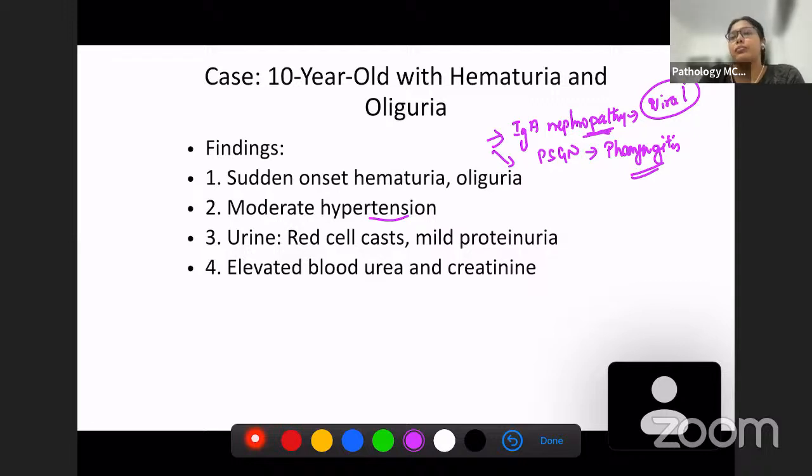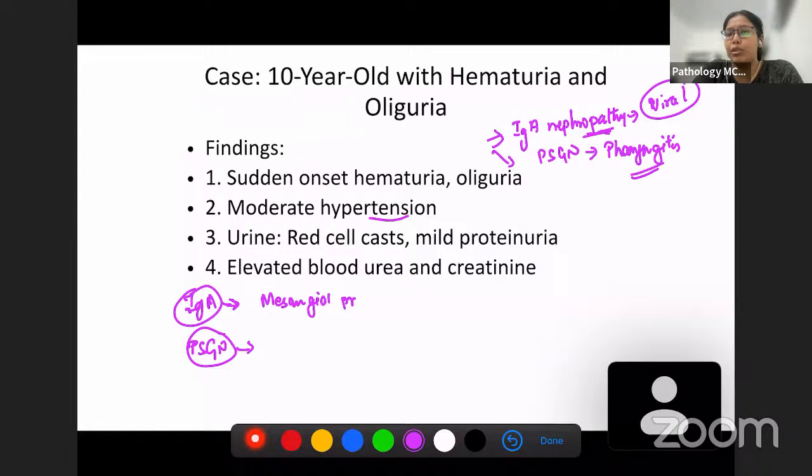Since this is not given in this condition, if they had asked, we have to just say that these are the conditions which are possible. So in this case, we have IgA nephropathy and post-streptococcal glomerulonephritis. We have to discuss both of these conditions and say the clinical features and pathological features of both, which we have already discussed. IgA nephropathy, as we know, has mesangial proliferation.